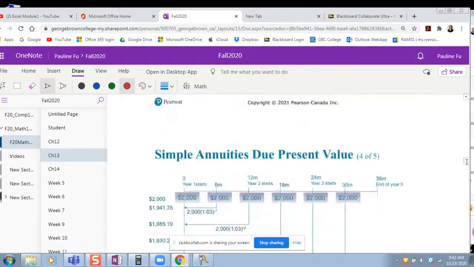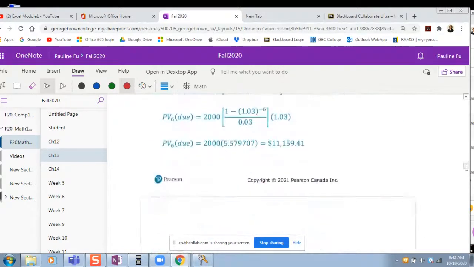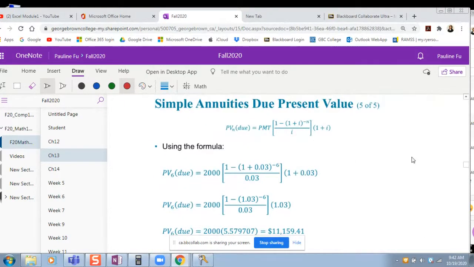For the formula, we need to use this formula, the present value for an annuity due. 2000 is PMT. i is the periodic interest, 6% divided by 2. And n is the term.